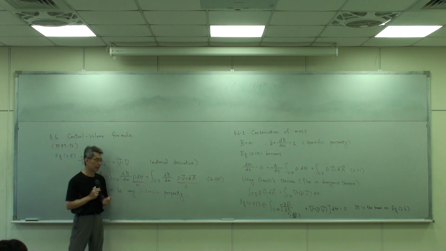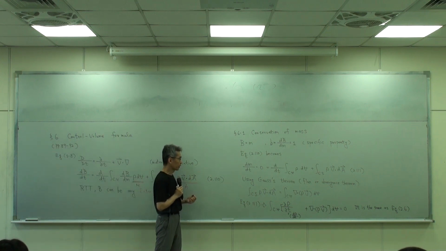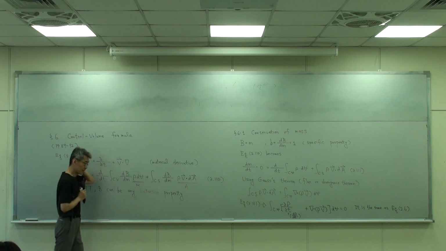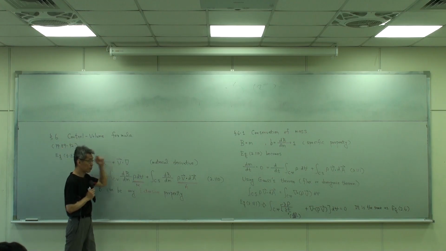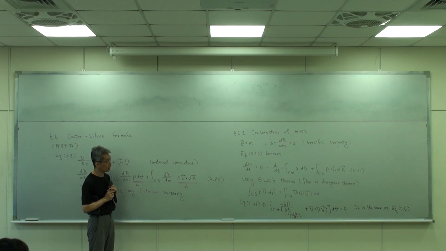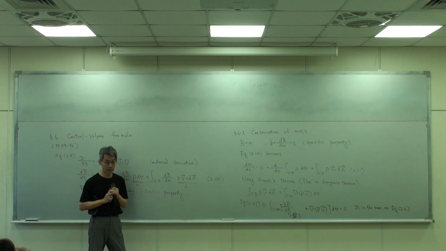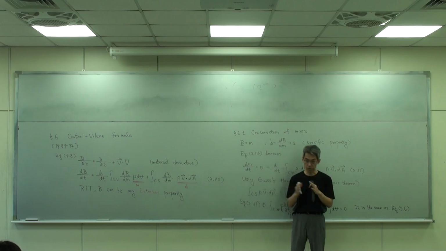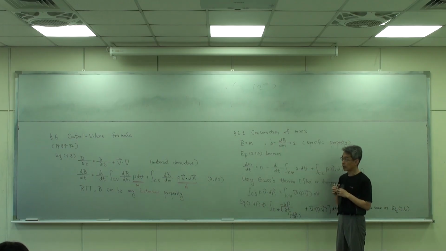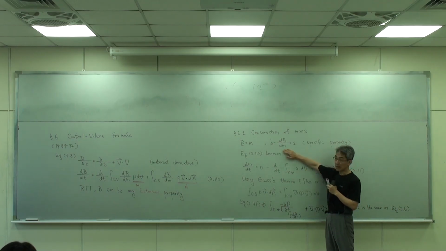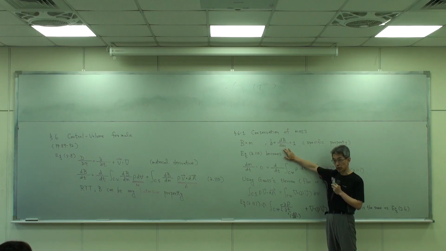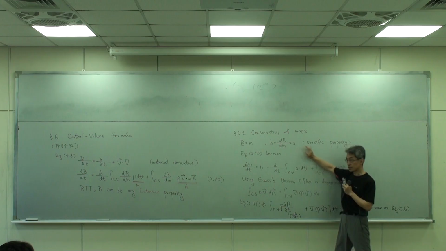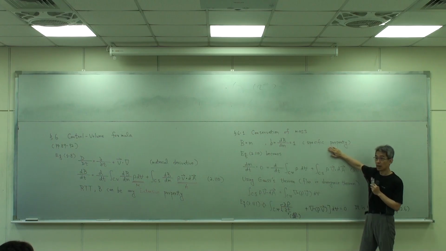If we consider the extensive property, for example, use the mass conservation, that means you may have a large system or a small system, but if you divide by the mass, this is related to the specific property.